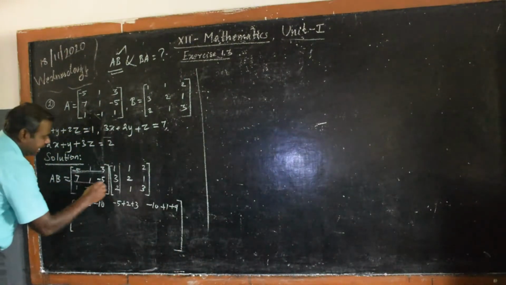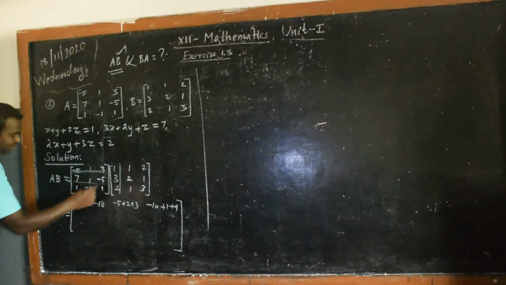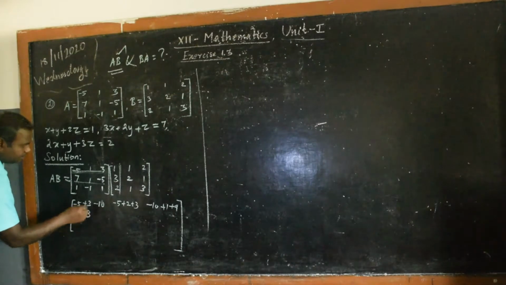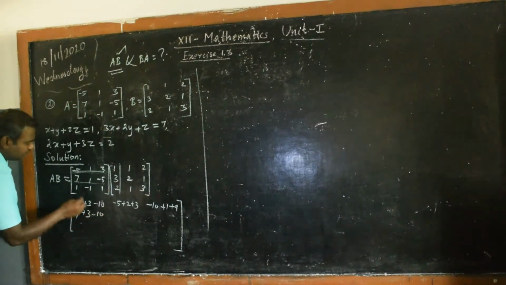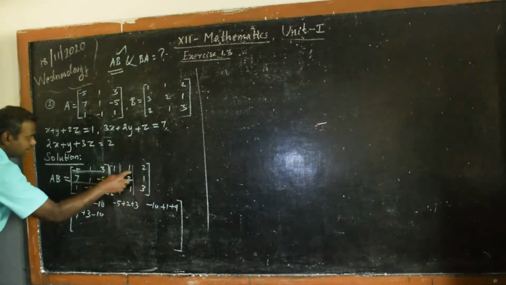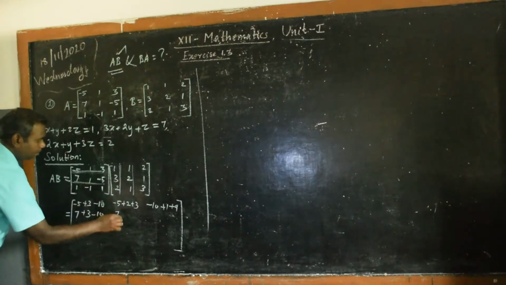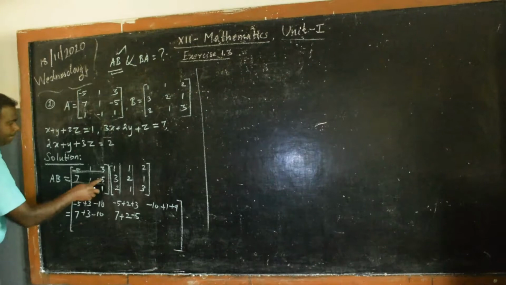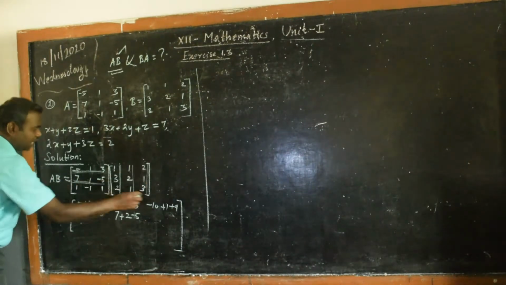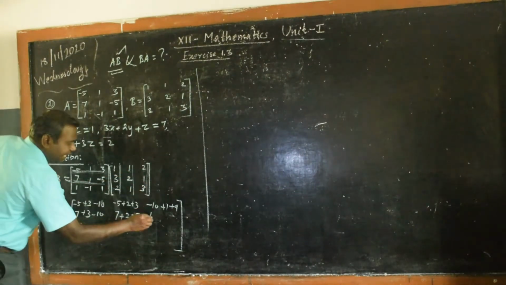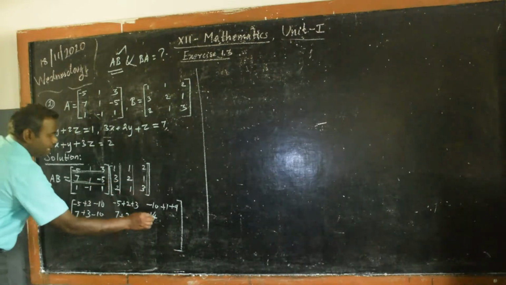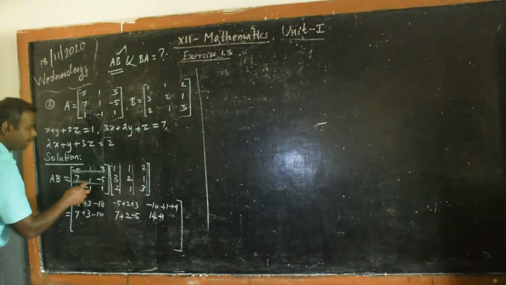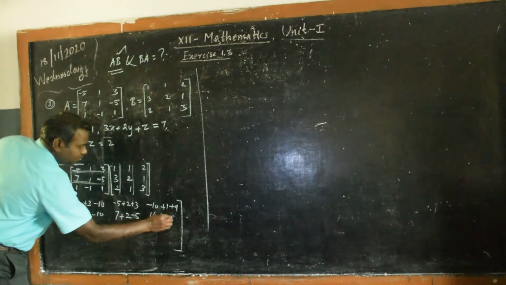Next, second row, first column: 7 plus 3 minus 10. Second row, second column: 7 plus 2 minus 5. Second row, last column: 14 plus 1 minus 15.